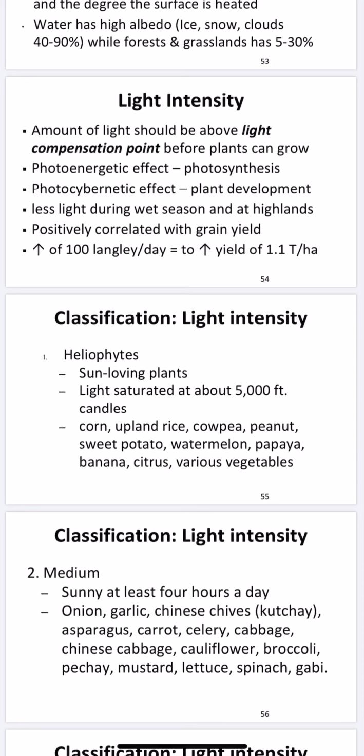Less light during wet season and at highlands is positively correlated with grain yield. So an increase of 100 Langley per day is equivalent to a higher yield of 1.1 tons per hectare. So the more light, as long as it reaches the light compensation point, it's very beneficial to the yield.